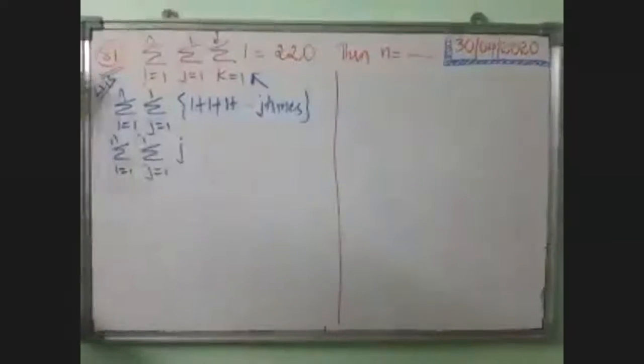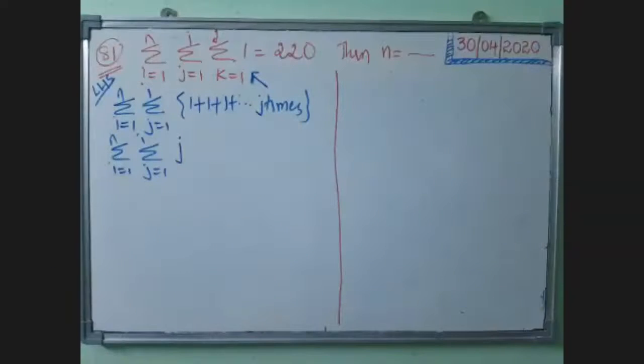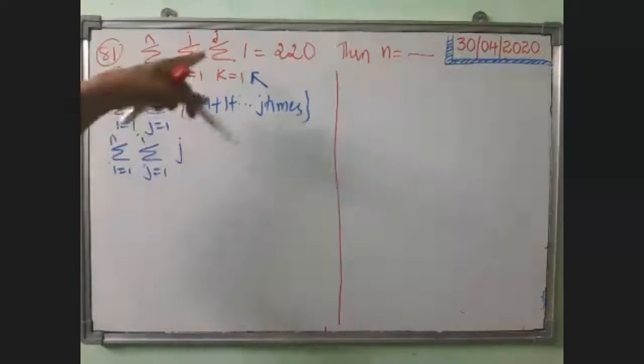So it will become j. From among 3 sigmas, 2 sigmas remain; I am getting 2 sigmas of j. Just before starting this, I have done 4 formulae on the board, and I am using those formulae to solve this problem. The first formula which I have used is the 4th formula which I wrote: 1 plus 1 plus 1 up to n times, sigma 1, is n.